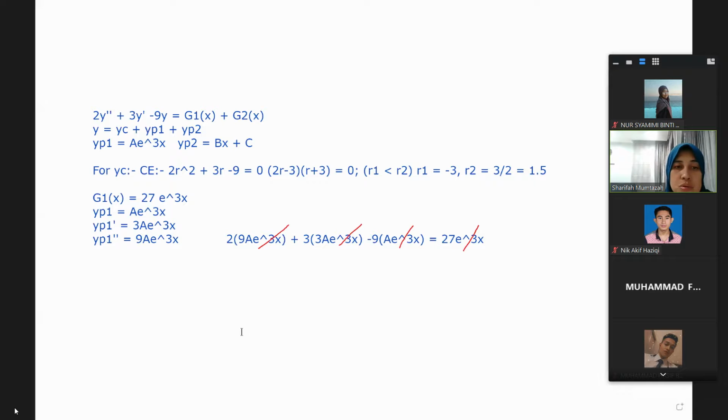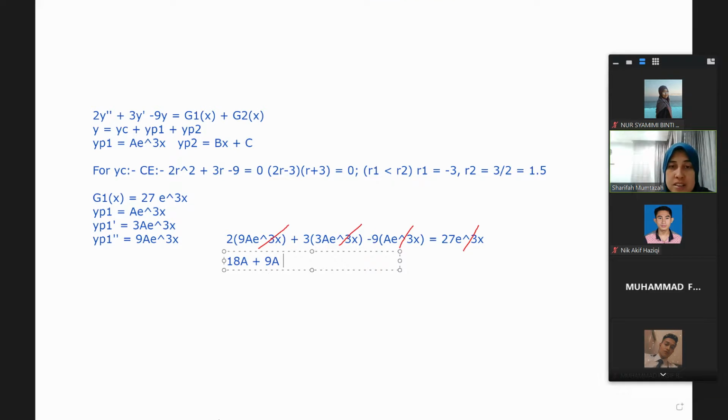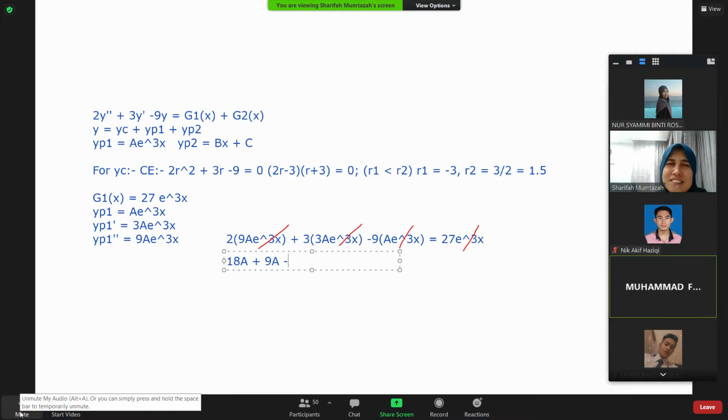So what is left right here? 2 times 9 is 18. 18A plus 3 times 3, 9. 9A. Minus 9A. Equal to 27, the one that I cancel is the exponential to the power of 3x, okay?